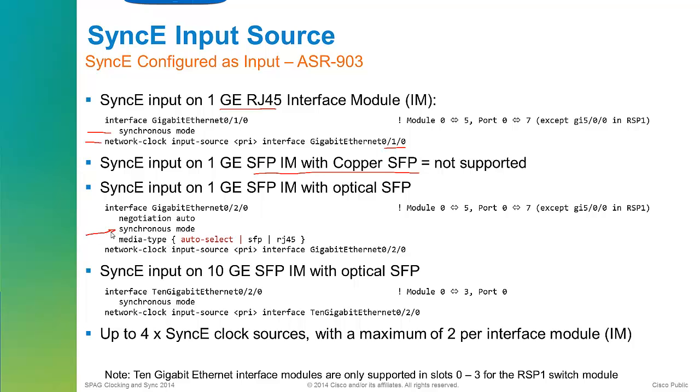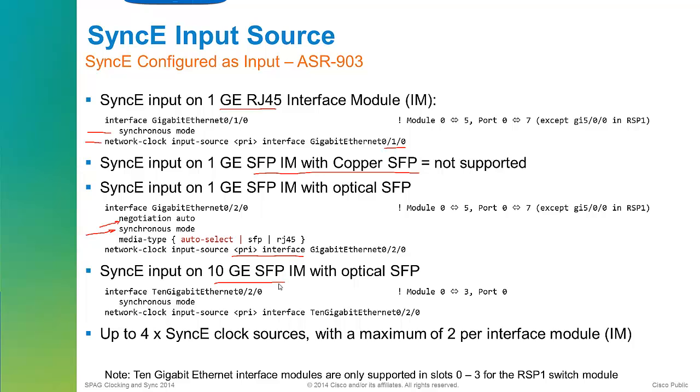Normally what you should make sure is configured also is negotiation auto. You'll get better results doing that for complex reasons to do with 802.3. But similarly, then what you want to do is do a network clock input source. SyncE input on the 10 gig, so they have on the 902, 903, there's a 903 IM.